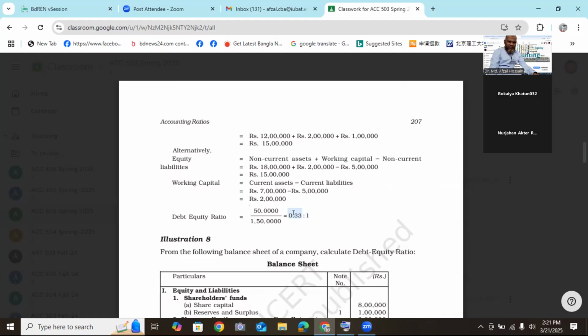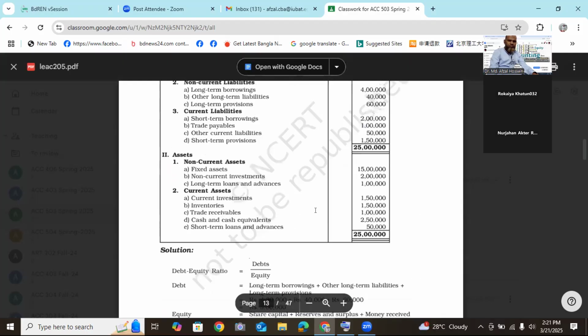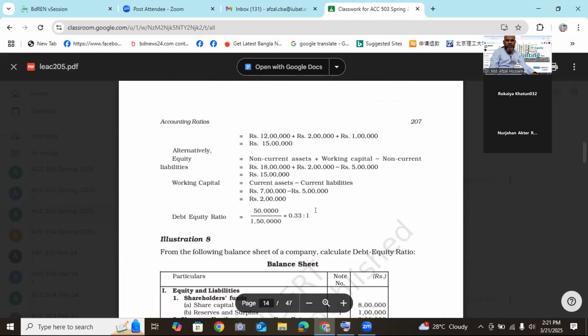Long-term is 33%. So you can repay your long-term debt by your equity, isn't it? You have the ability. What do you think? Isn't it?